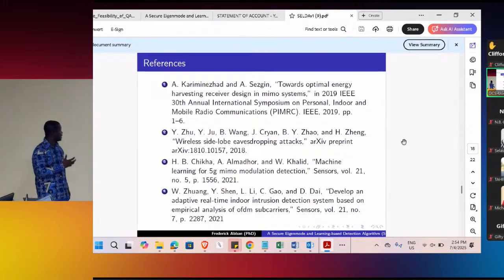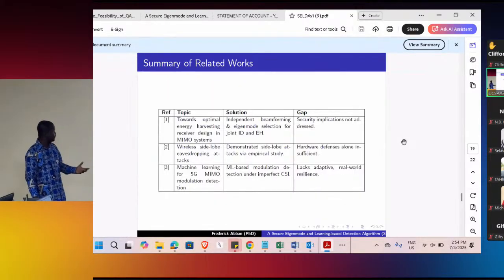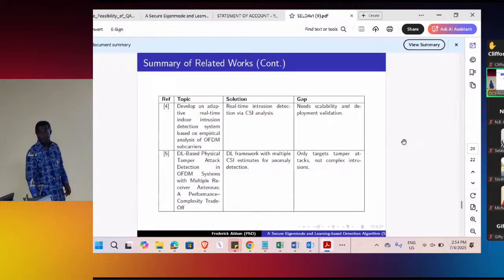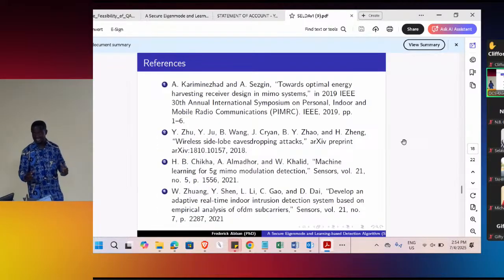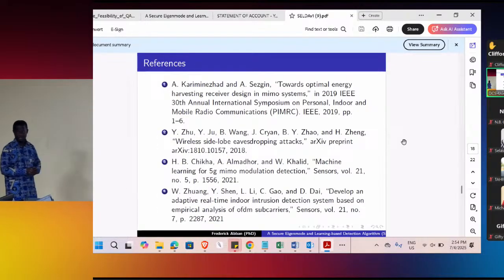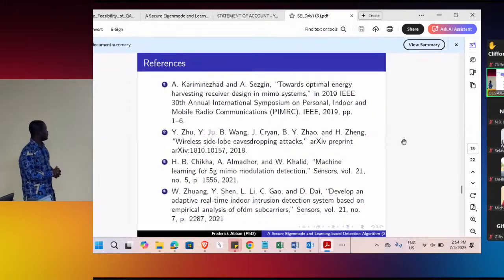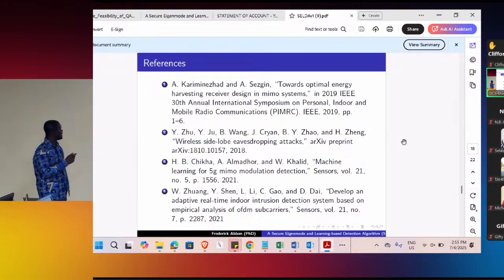I have some papers I reviewed, and I did a summary of them, but I skipped that particular slide. So let me go through a few of them, and then I can tell you what they did. The first paper looked at towards optimal energy harvesting receiver design in MIMO systems.